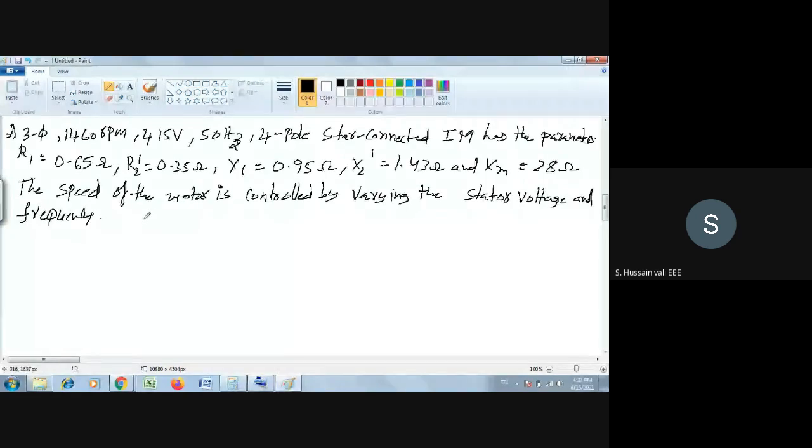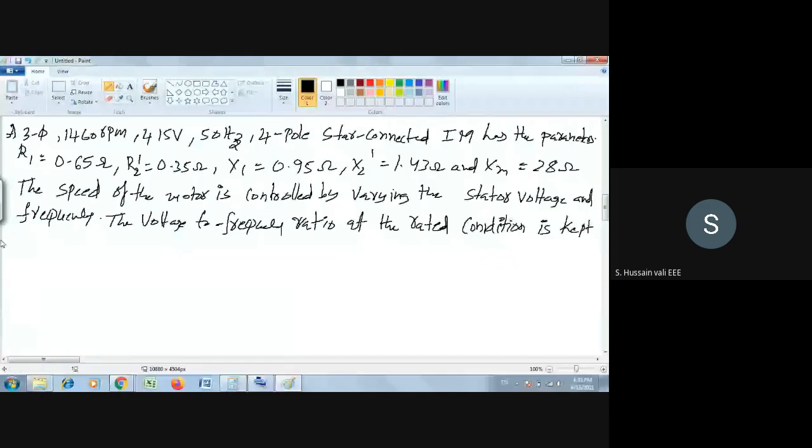The voltage to frequency ratio at the rated condition is kept constant.